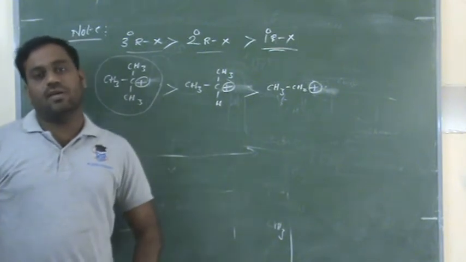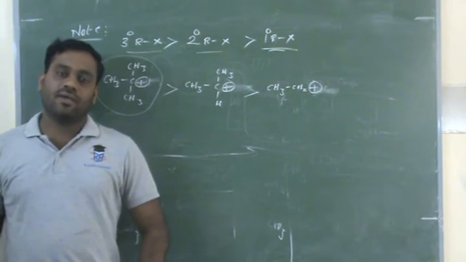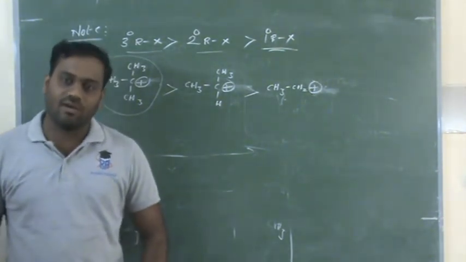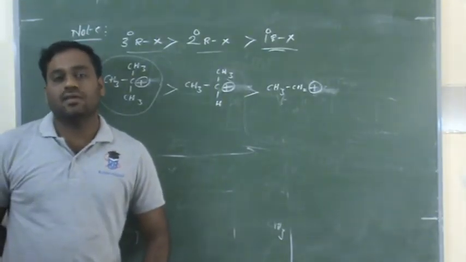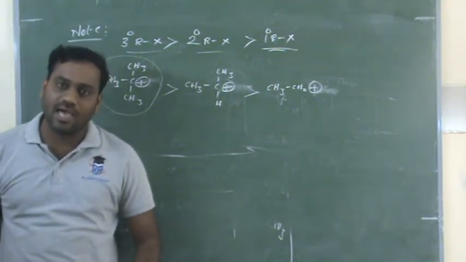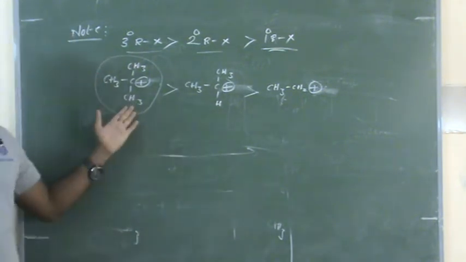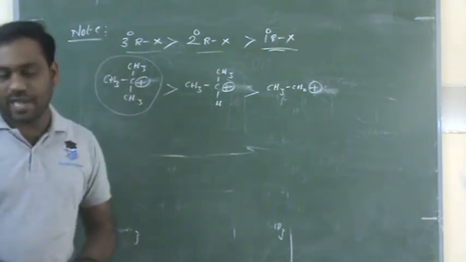If they ask, tertiary alkyl halides are readily reactive in the SN1 mechanism. Why? Because in the SN1 mechanism there is a carbocation intermediate, and from tertiary alkyl halide there is formation of tertiary carbocation. This tertiary carbocation is more stable. That's why it is more reactive.